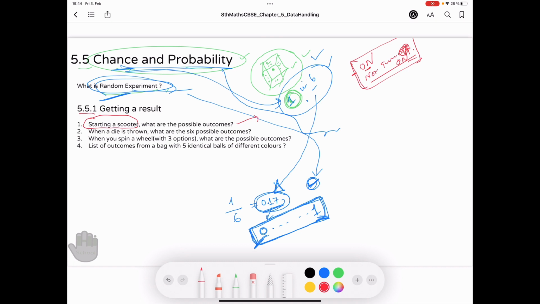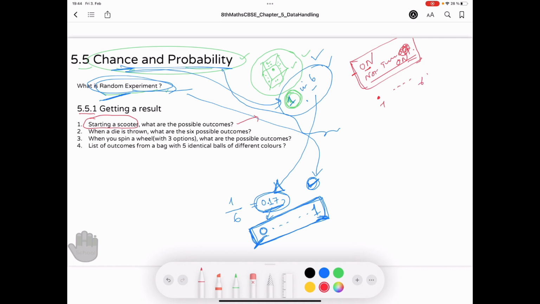Okay, so two possibilities. When we roll a die, we know that the die has 6 sides, and so when we roll a die, either of the sides can come up. It has 6 different dots, so 1, 2, 3, 4, 5 and 6, from 1 to 6.